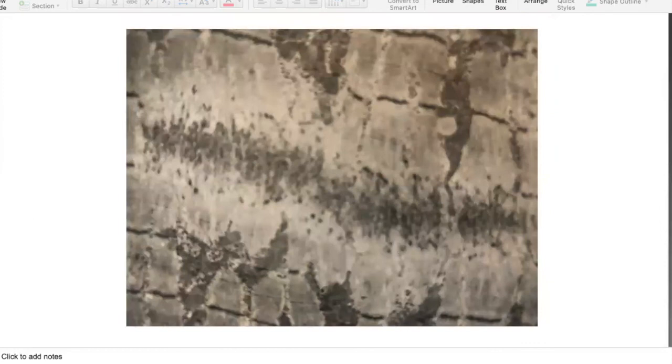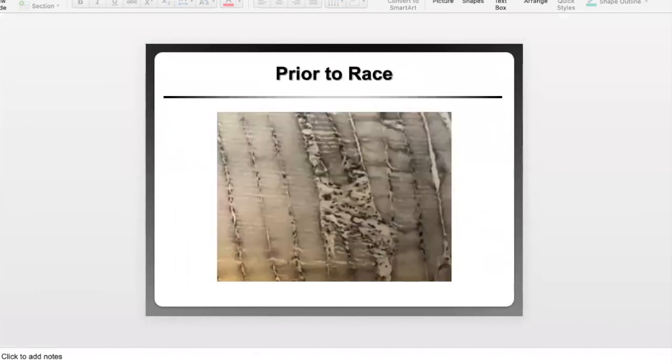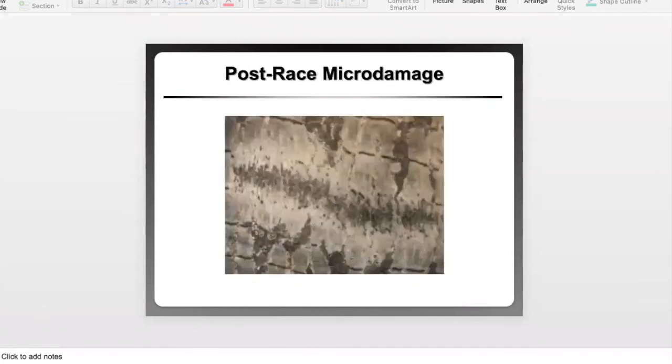So one of the causes of muscle soreness is this micro damage or deterioration of this cellular integrity because of the intensity of the exercise. But that's what you want, because that micro damage is going to result in a release of growth hormone, an endocrine response.